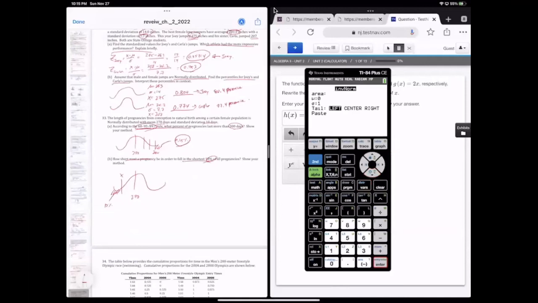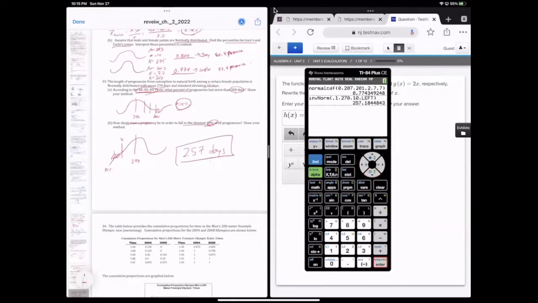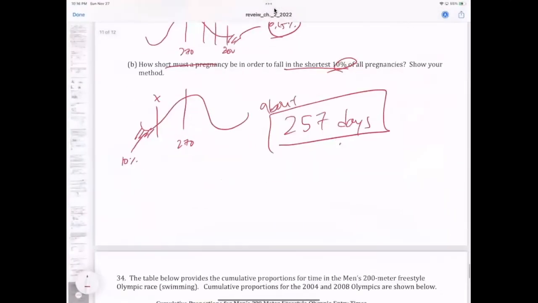Inverse norm, area is 0.1, mean 270 with the standard deviation of 10. The value is 257 days, about that much here. I think the answer key says 257.184, or about 257 days is what I would say.